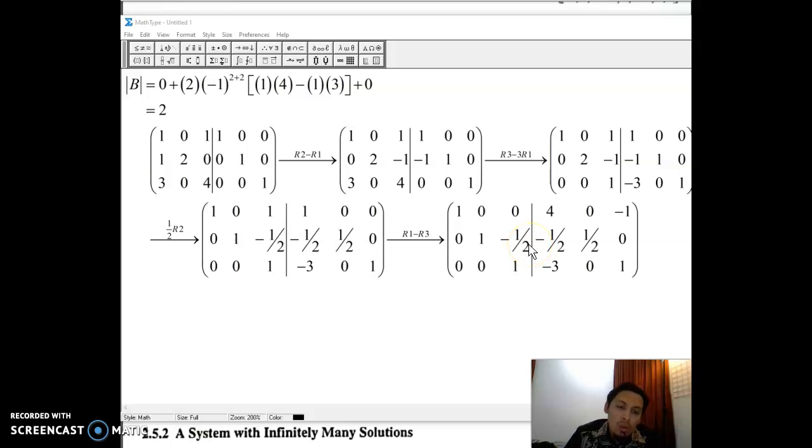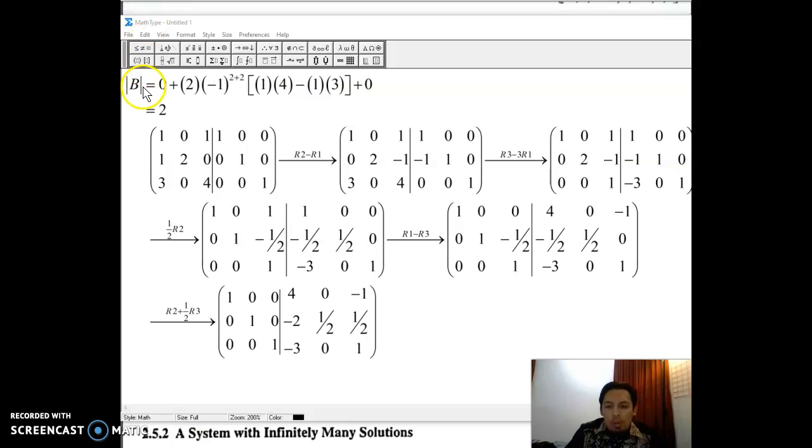So how to get that other 1 over 2? We have this, and again multiply it by 1 over 2, so the process will be R1 plus 1 over 2 R3. No, R2, sorry. R2 plus 1 over 2 R3. So there you have it.